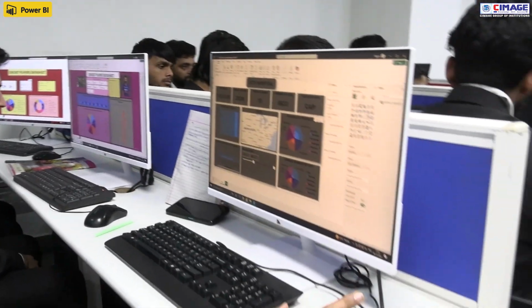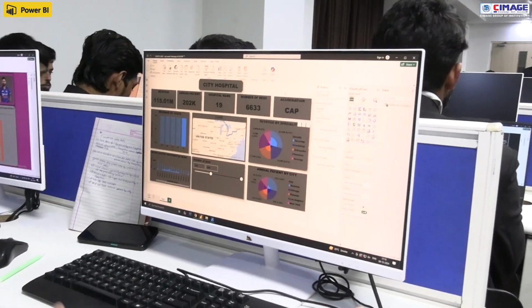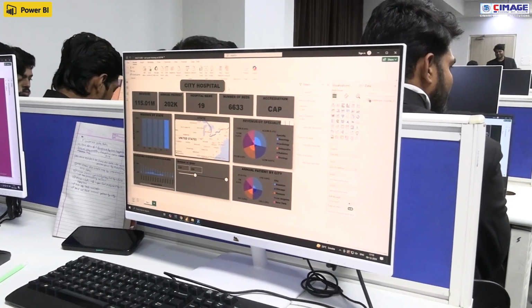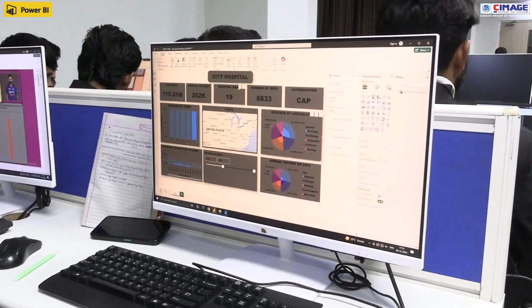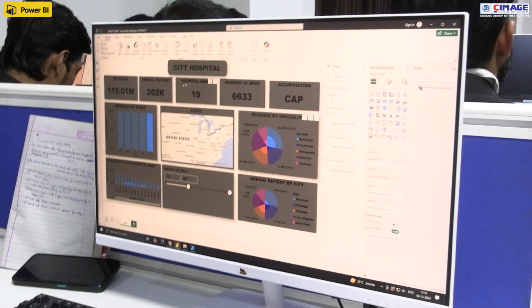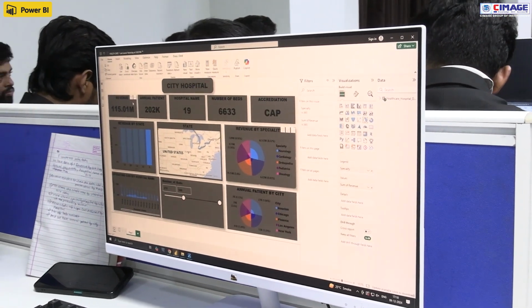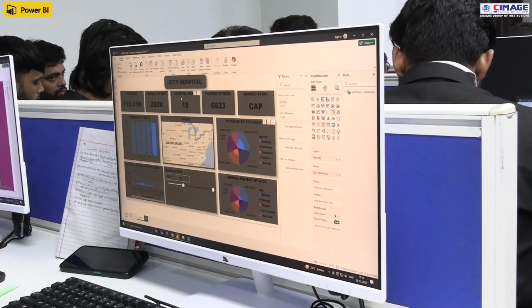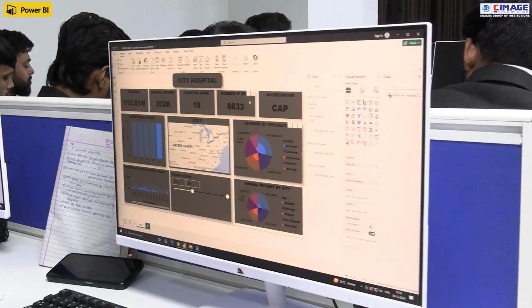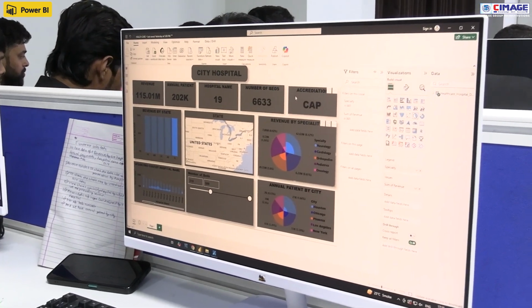Now I created this dashboard by using all this knowledge of KPIs and charts. This is the healthcare data, our city hospital data, and I added 5 KPIs. First is revenue, second is annual patients, third is hospital name, fourth is the number of beds, and fifth is accreditation.